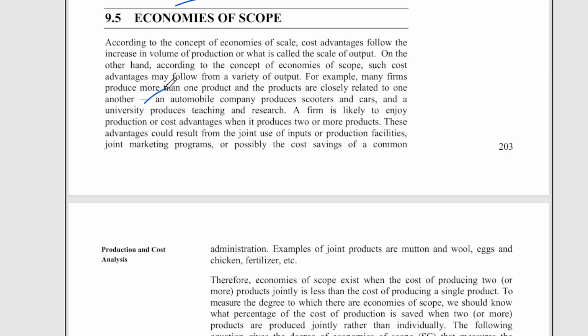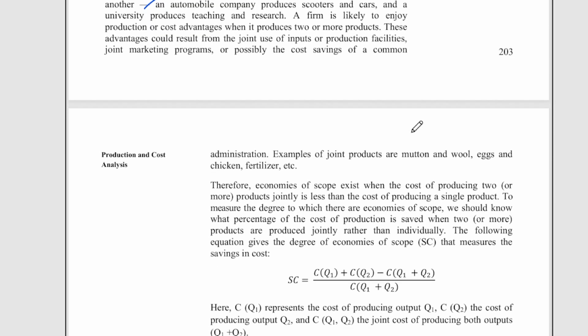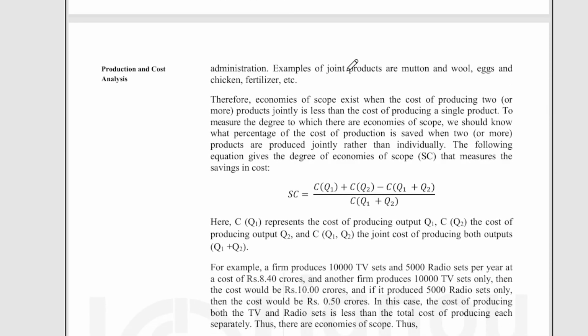A firm is likely to enjoy production or cost advantage when it produces two or more products, and these advantages could result from the joint use of inputs or production facilities, joint marketing programs, or possibly the cost saving of a common administration. Examples of joint products are mutton and wool, egg and chicken, fertilizers, etc. So economies of scope exist when the cost of producing two products jointly is less than the cost of producing a single product.